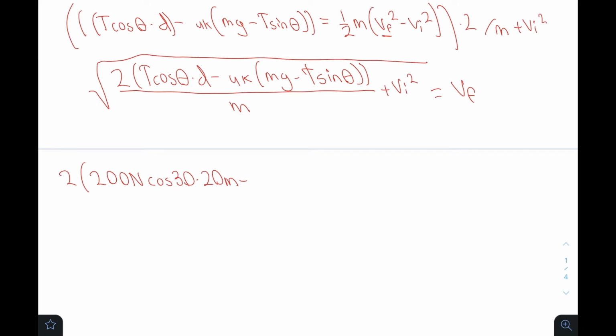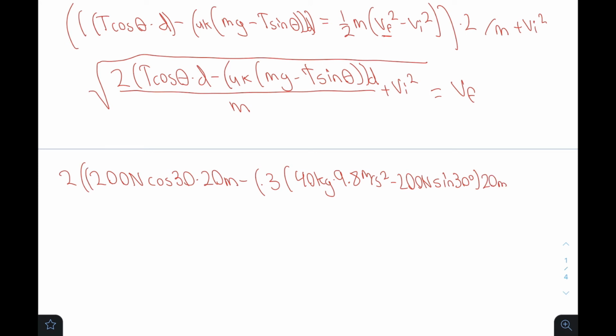There's actually a d multiplied to the second work, the force of friction. So that's important. So it's going to be minus 0.3, 40 kilograms times 9.8 meters per second squared, minus 200 newtons sine 30, that times 20 meters.